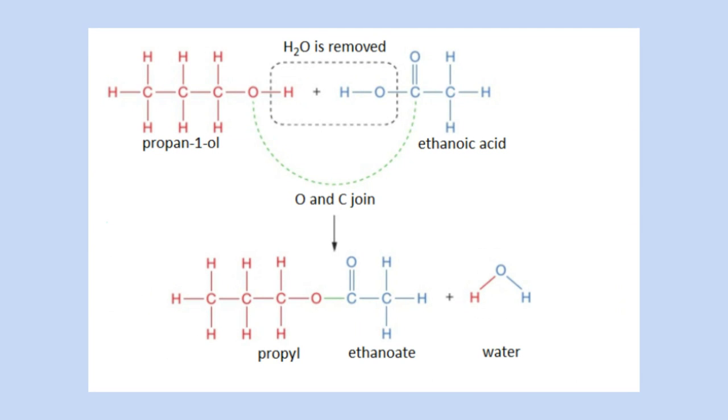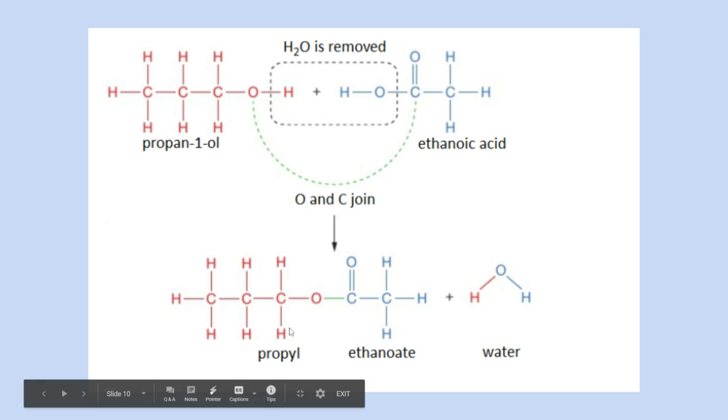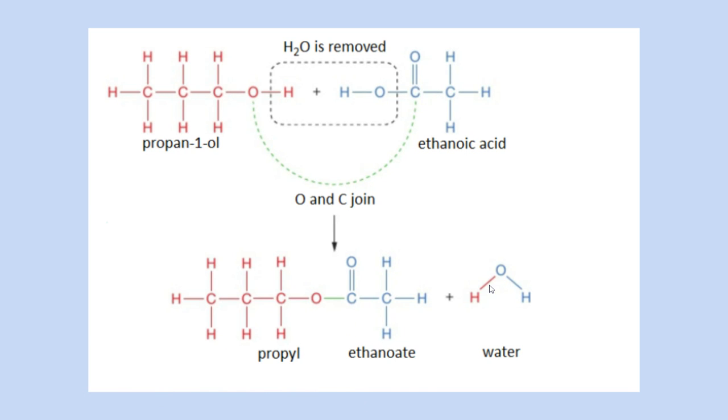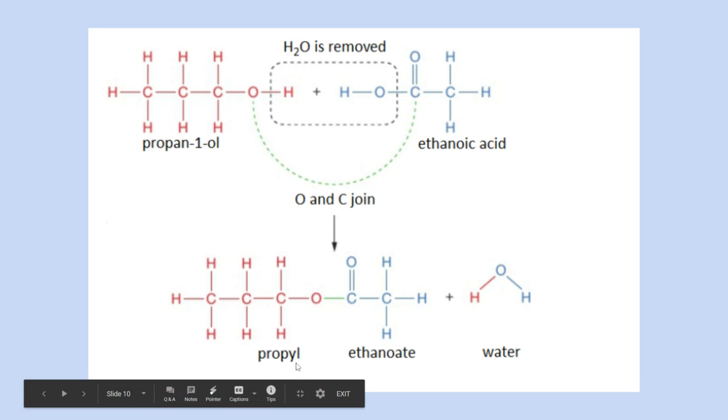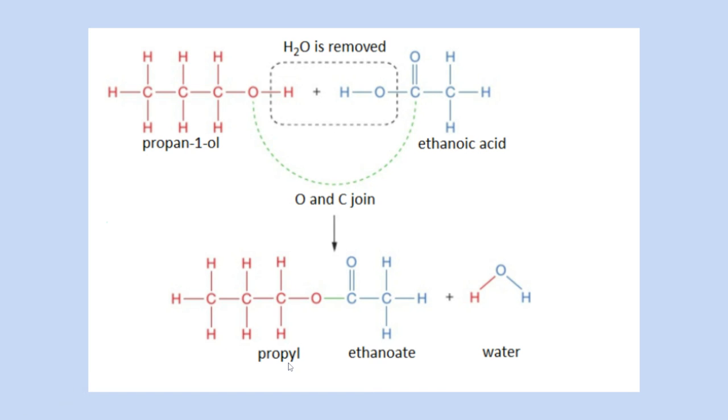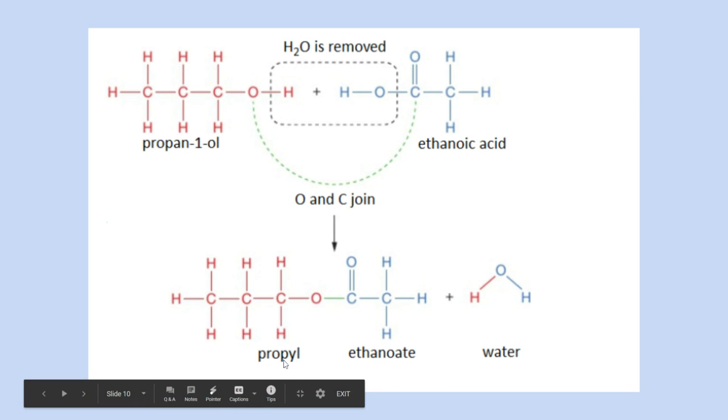So an example here, we have propanol, an alcohol, and we have ethanoic acid. Our H2O molecule is joined out the middle, and we have our CO bond, okay? Now you don't have to know the name of this ester, but it shows where the name comes from. So the propyl bit at the start comes from our alcohol.